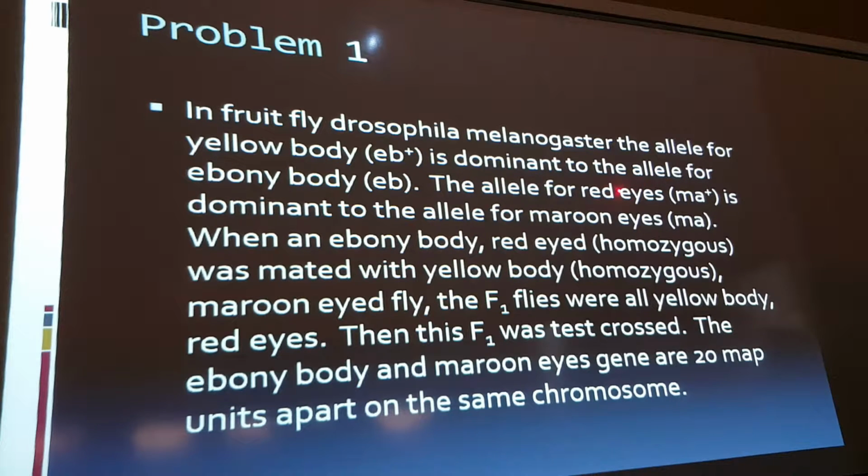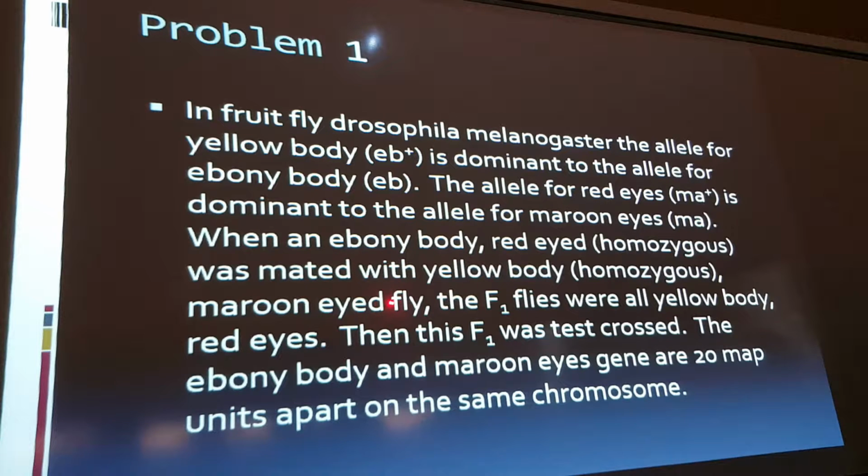So what they did is they took an ebony body, red-eyed fly, and they had to say, since this is the dominant phenotype, that it was homozygous, and mated it with a yellow body, homozygous, maroon-eyed fly.